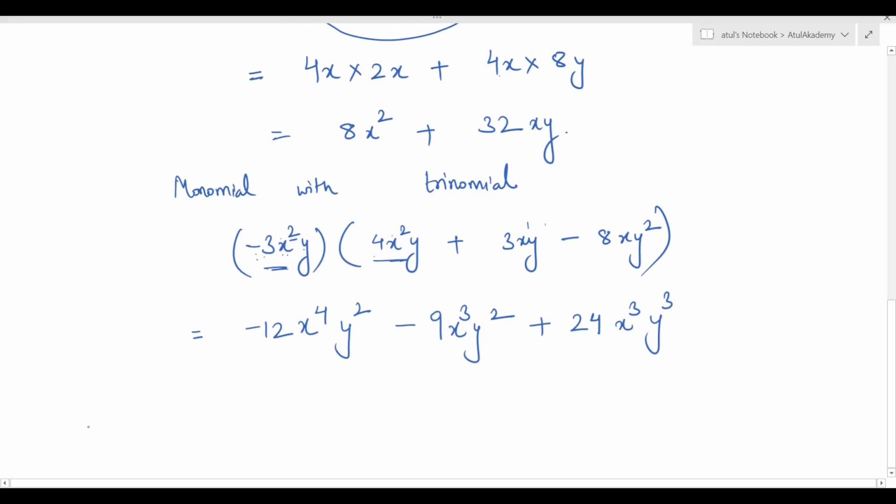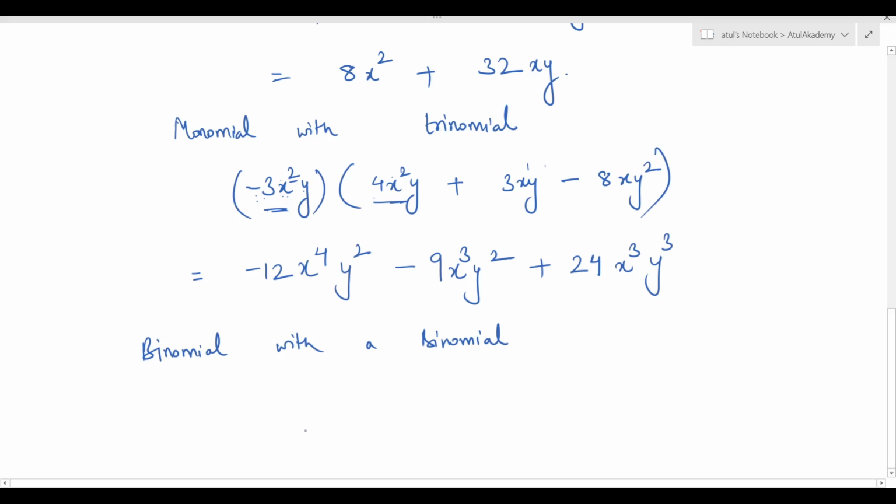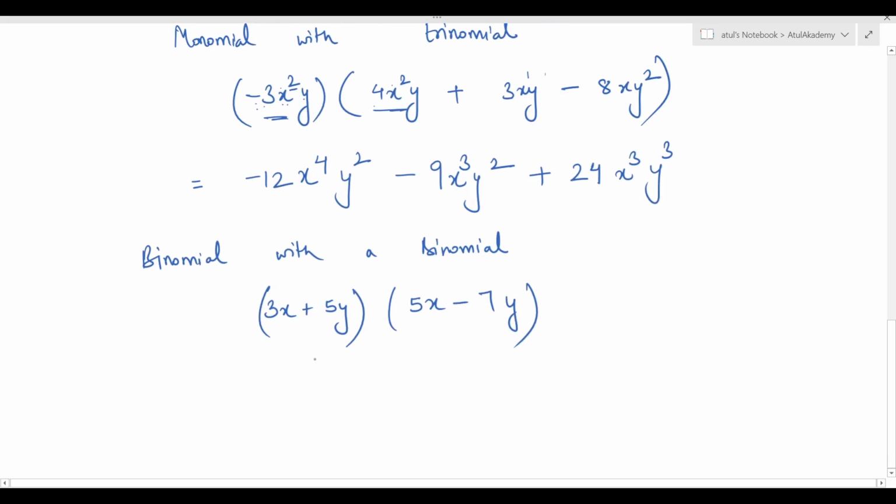Now let us multiply a binomial with a binomial. So how will we do it? If I have an example 3x plus 5y multiplied by 5x minus 7y. So here you see you have two binomials.